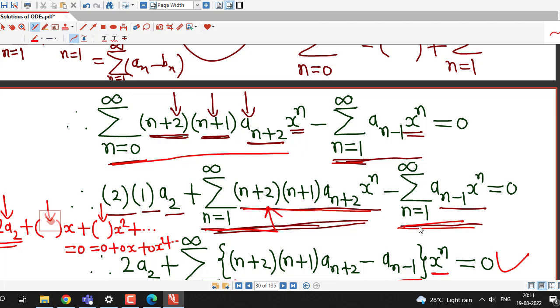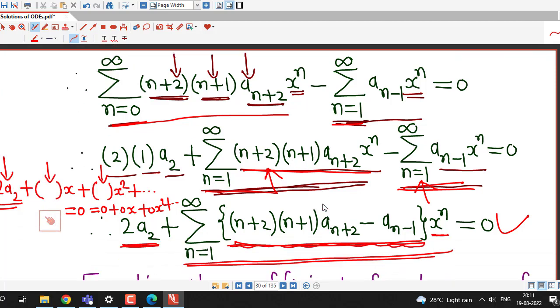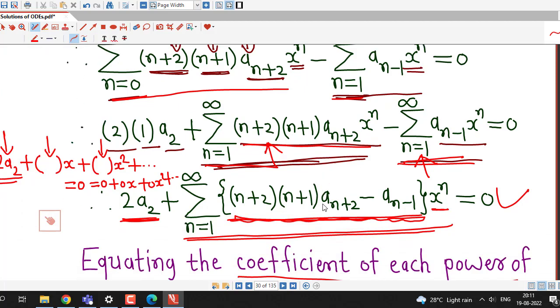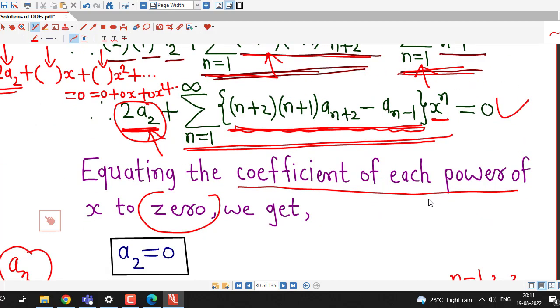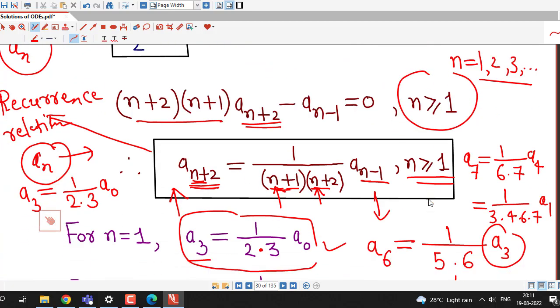Here both the summations are from n equal to 1 to infinity, so that we can combine them. So that is another important step. And once you are able to do this, you have to equate all the coefficients of x raised to n to 0, and you will be able to obtain the recurrence relation like this.